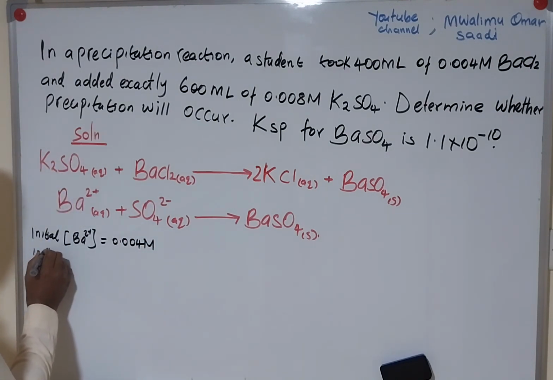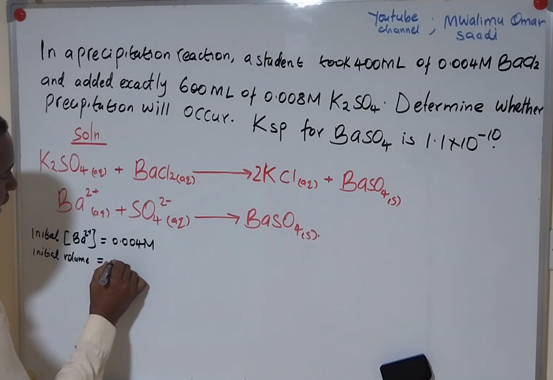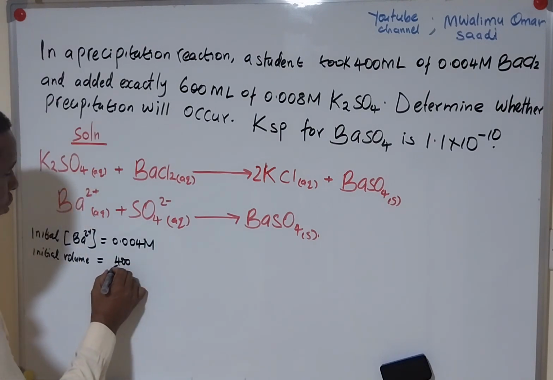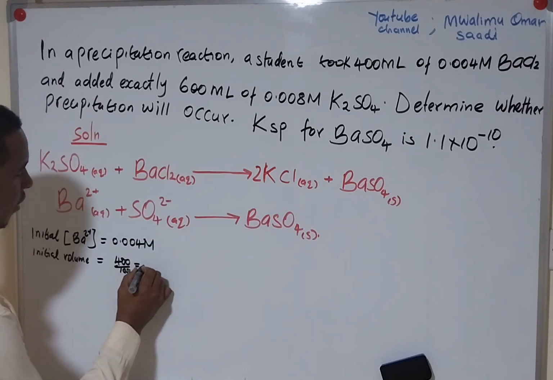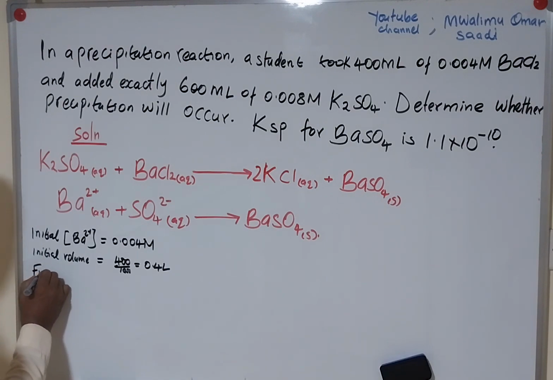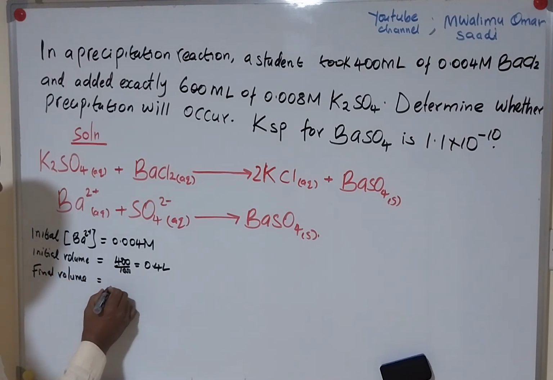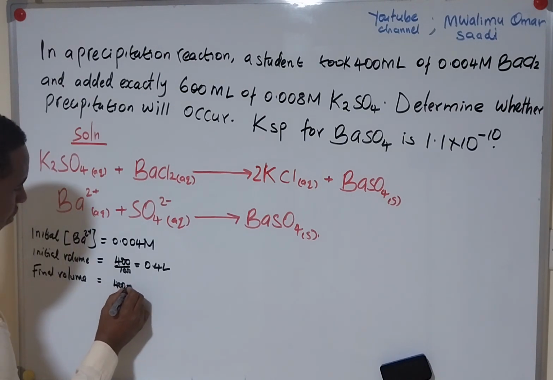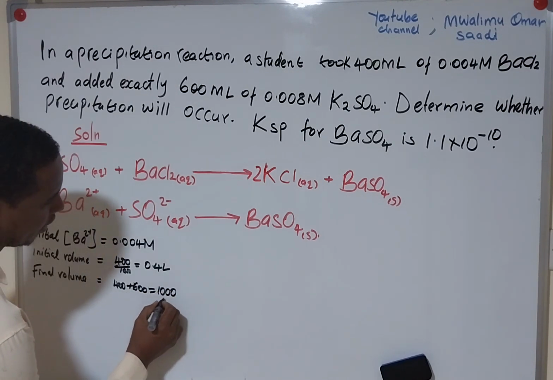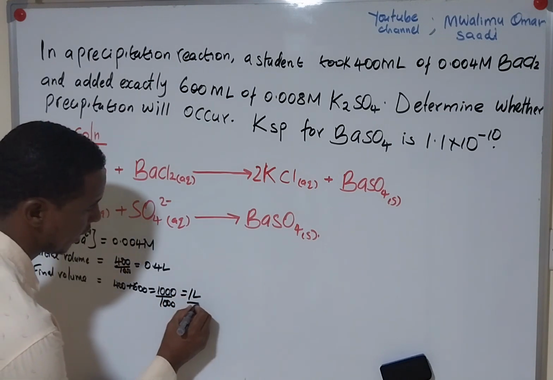The initial volume of barium ion is 400 ml, which changes to 0.4 liter, and the final volume is 400 plus 600, that will be 1000 ml, which changes to 1 liter.